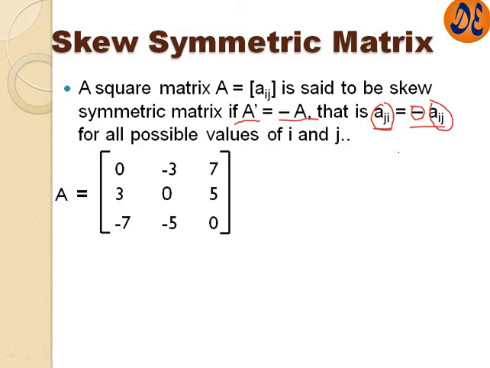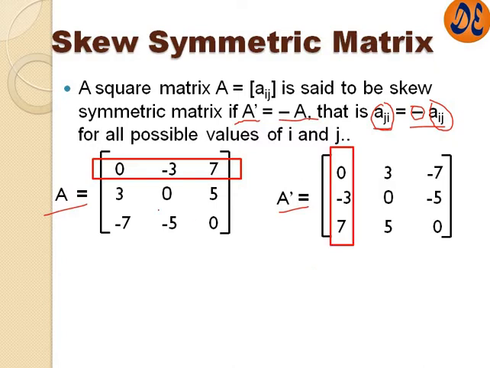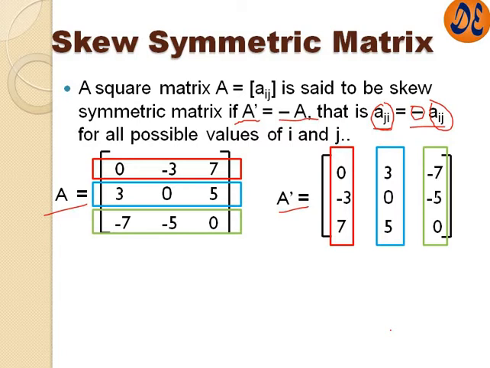Let us see an example. Here you can see A, and here the transpose of A. We have just transposed the matrix. Now start comparing the elements. 0 against 0. Here it is -3 and it is 3.